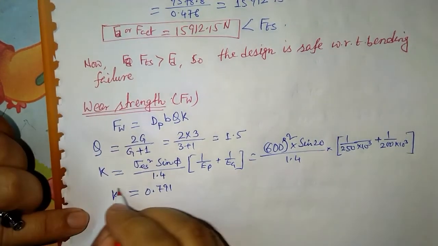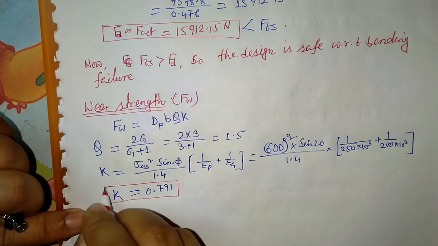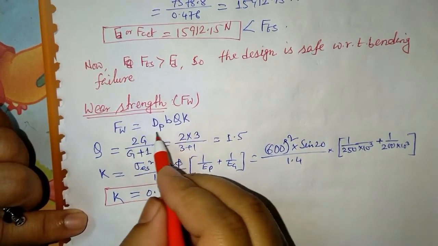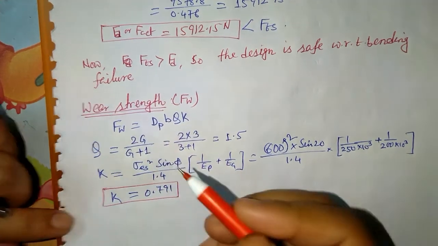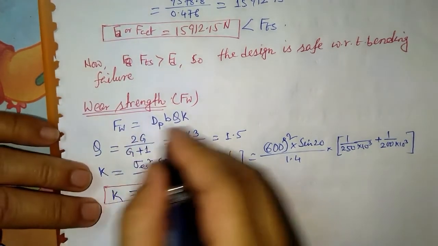This is our combination factor K. So here in this equation, Q and K are unknown, B is known, and dP is also known from the earlier case.